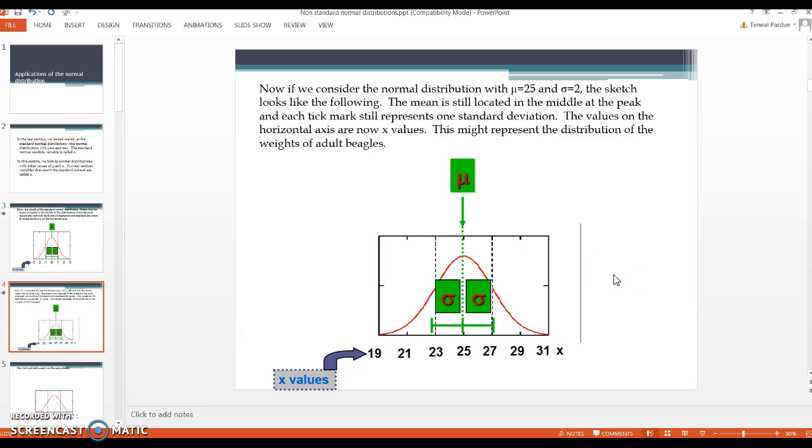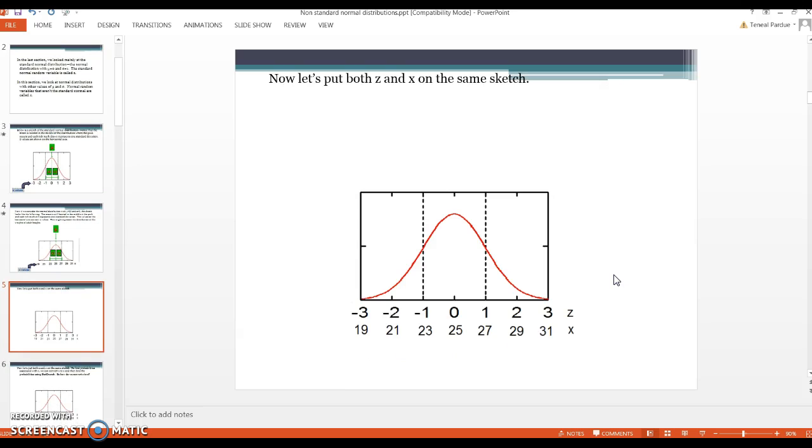All right, and we're going to assume that this represents the distribution of weights of adult beagles. So if we put the z and the x on the same sketch, you see that a mean of 25 lines up to a mean of 0 for z. So an x of 25 is equivalent to a z of 0.